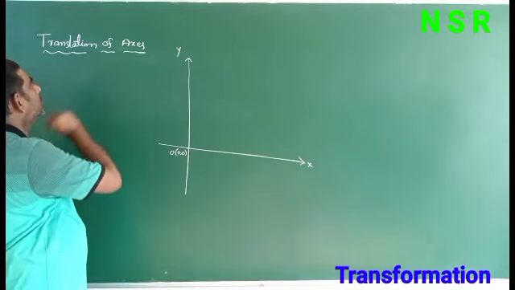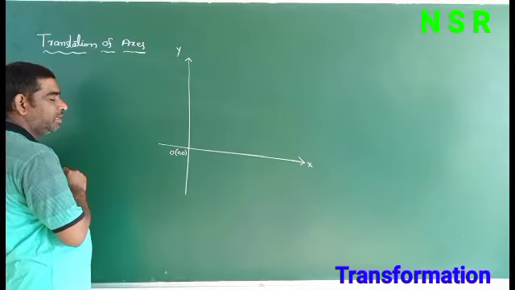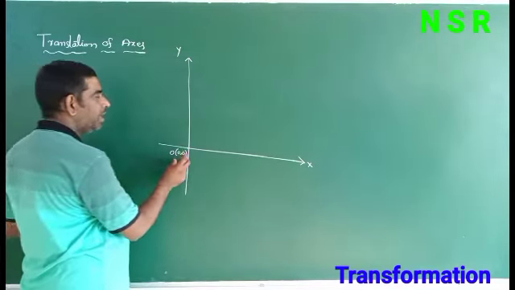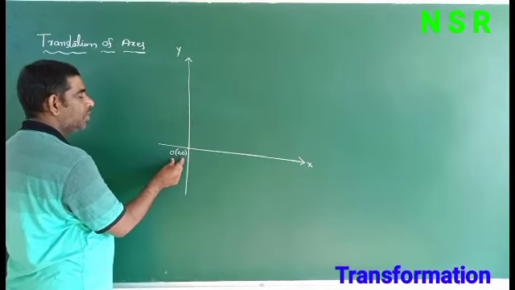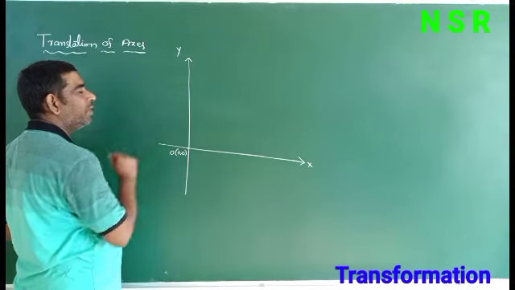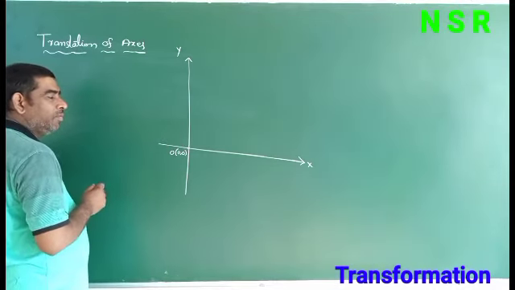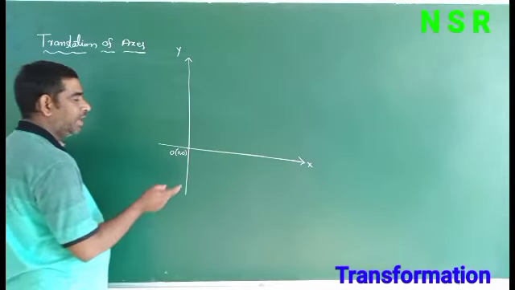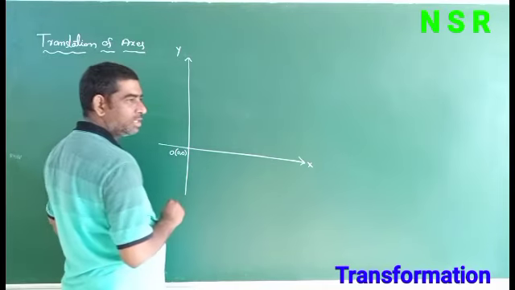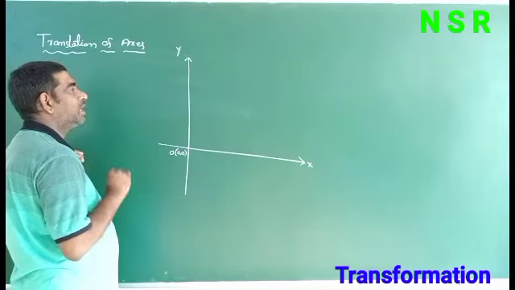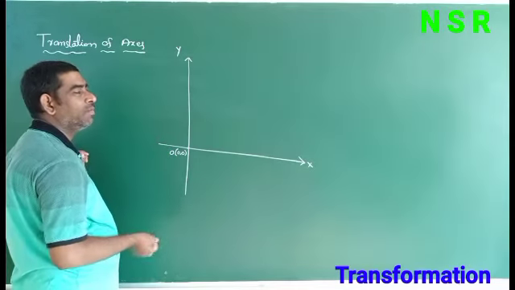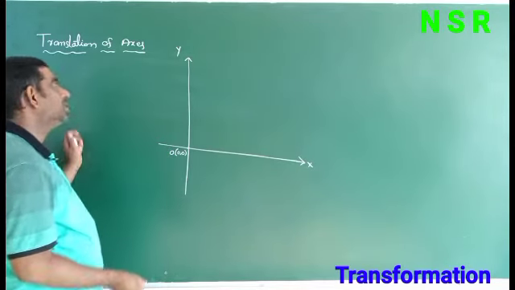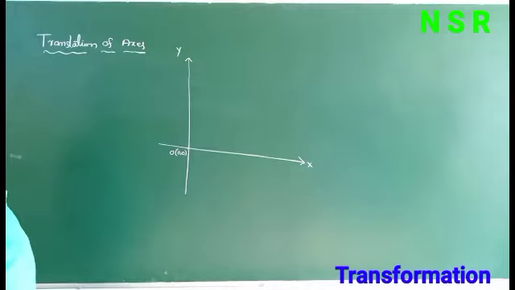In translation of axis, we shift the origin from one place to another place, without changing the direction of axis. That means the direction of x-axis and y-axis does not change, but the origin is shifted from one place to another place. That is called translation of axis.